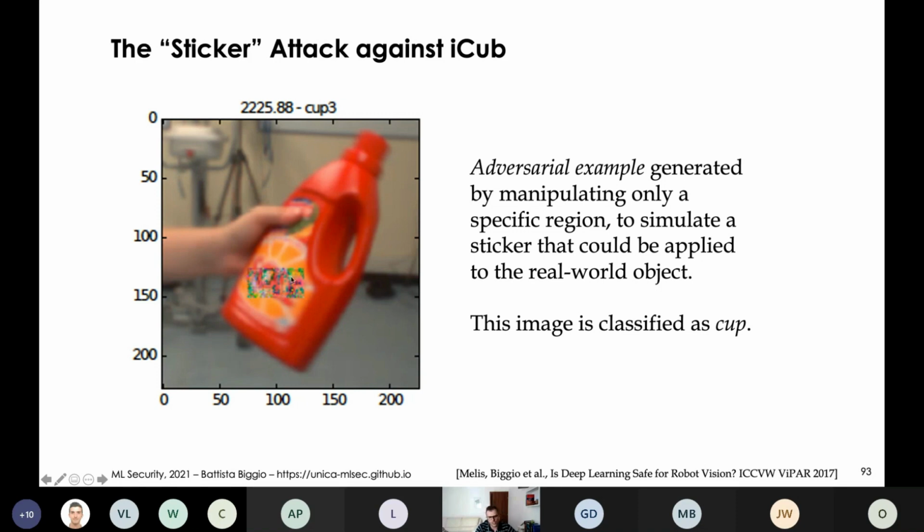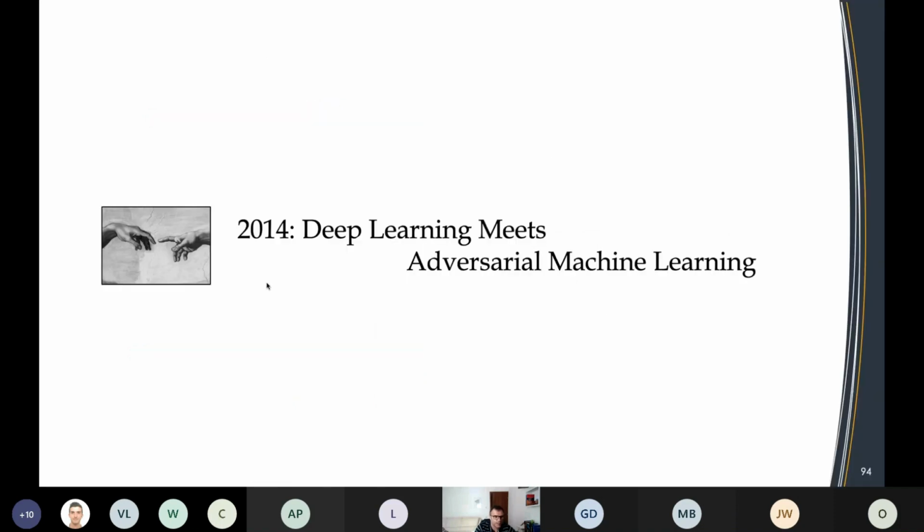This was just to exemplify that you can concentrate the noise in a specific region of the image, which potentially enables you to print a sticker that you can apply to a real-world object to see if the attack also works when you reacquire the image from the physical world. That was the main point in this case.